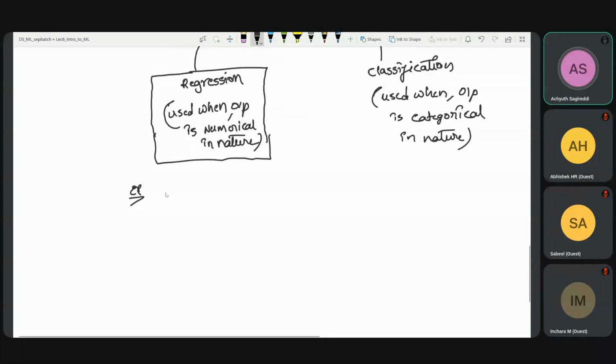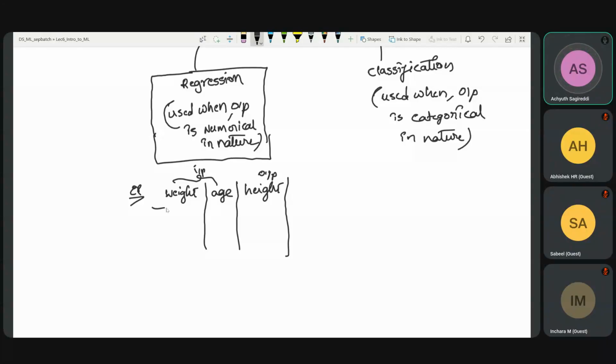Let's say, for example, we have some tabular data with weight, age, and height. We know that these two are inputs, this is output. What algorithm is to be used for predicting height? There are two types of machine learning algorithms, right? Regression and classification. Out of which type of supervised machine learning is to be used in this case?